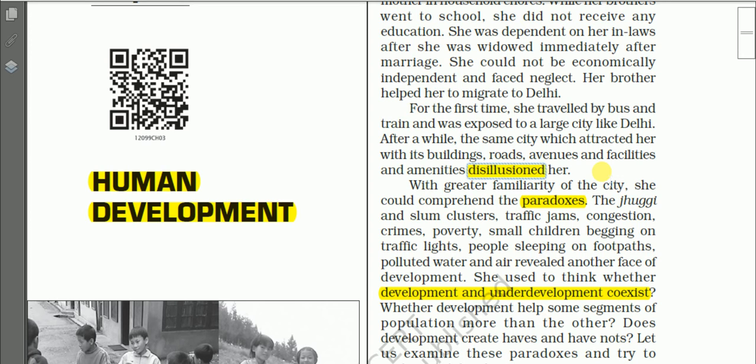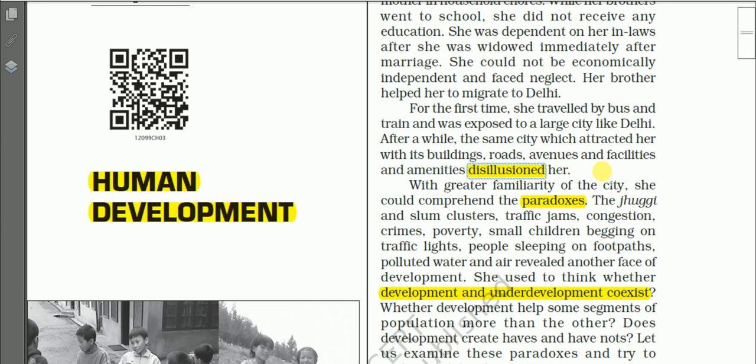So when she reached the city of Delhi, she was exposed to so many facilities, like big buildings, roads, avenues, then amenities. But later on, she was disillusioned. So what do you mean by disillusion?